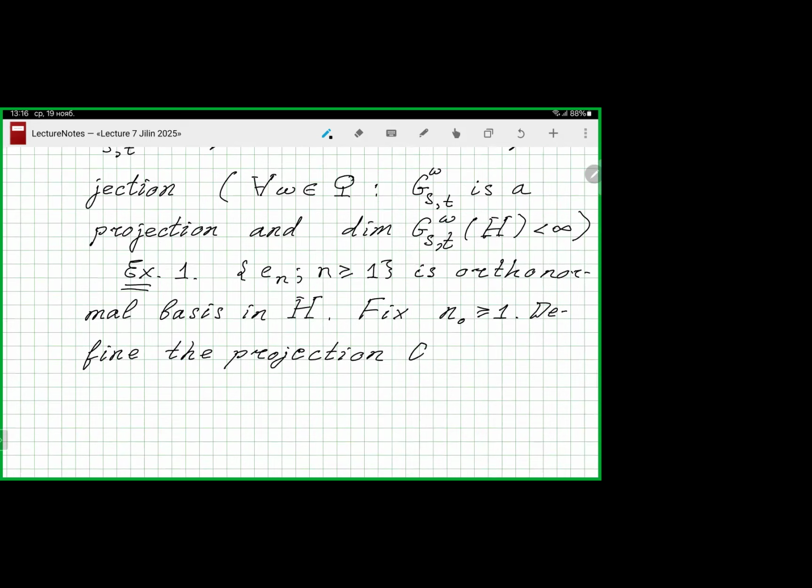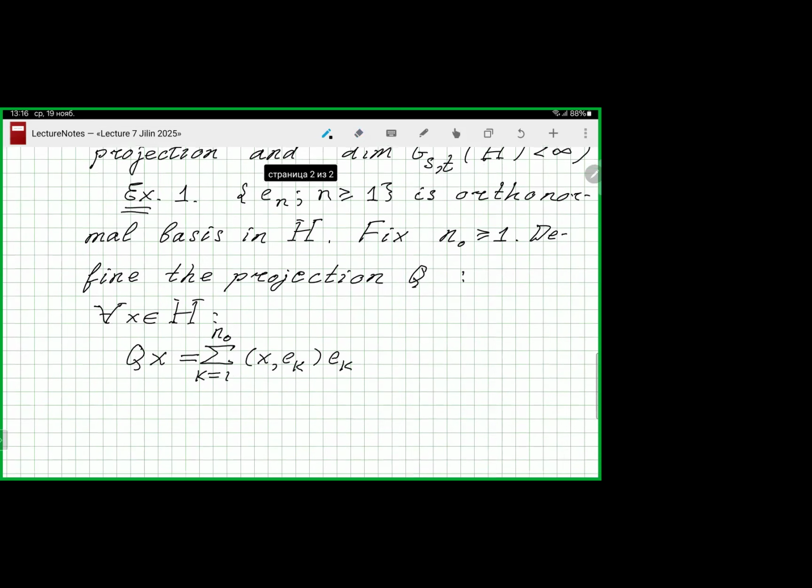Q as follows. For all x which belong to our Hilbert space, define Q of x equal to the sum from k equal 1 to n_0 of (x, e_k) e_k.